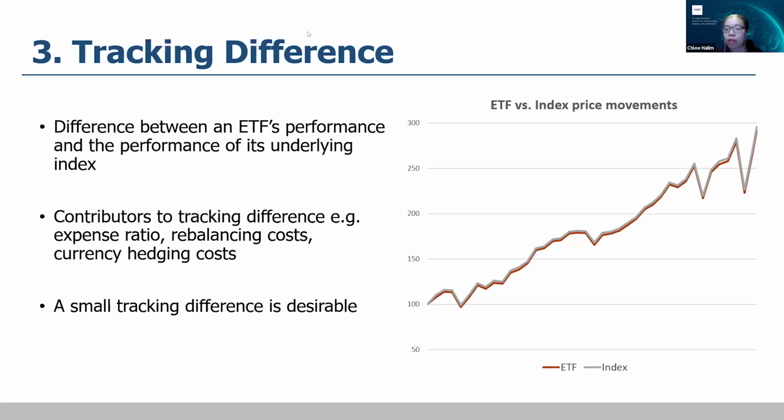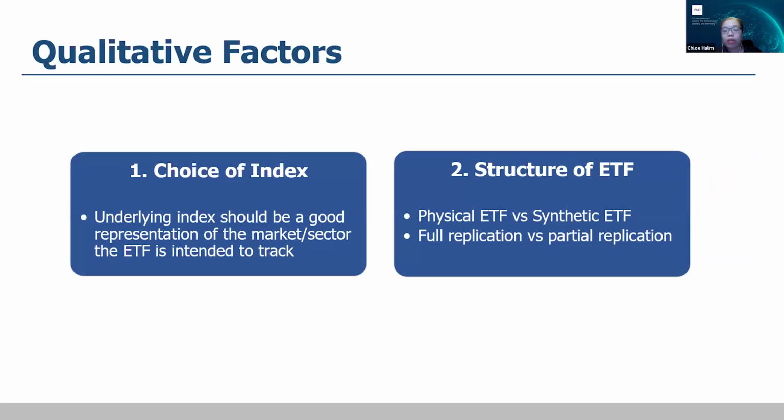And having a smaller tracking difference would mean that the ETF's performance is closer to the performance of the underlying index. And given that the primary objective of the ETF is to replicate the underlying index, a smaller tracking difference is very desirable.